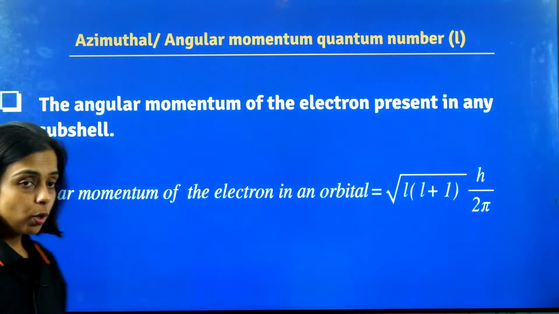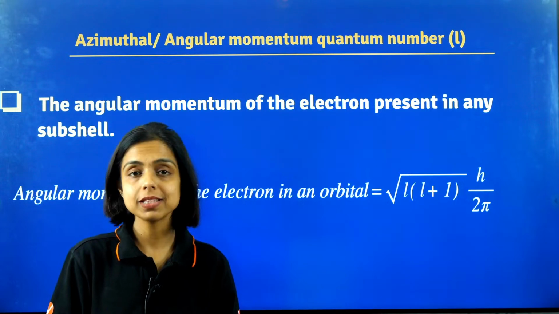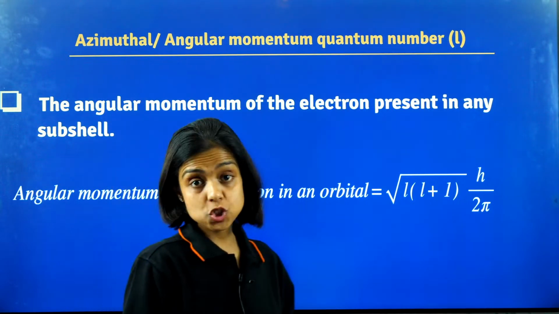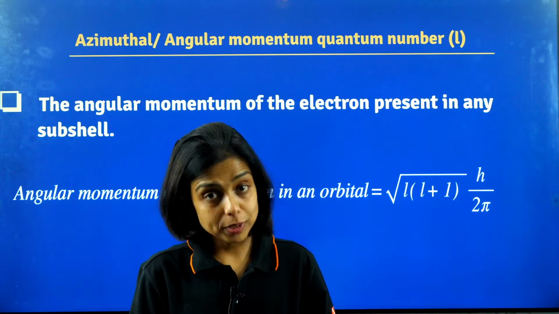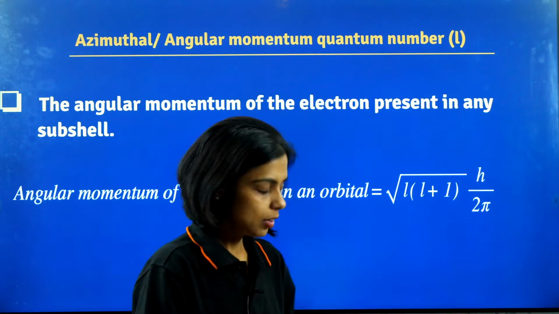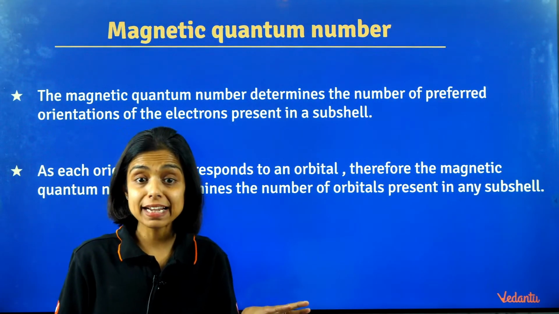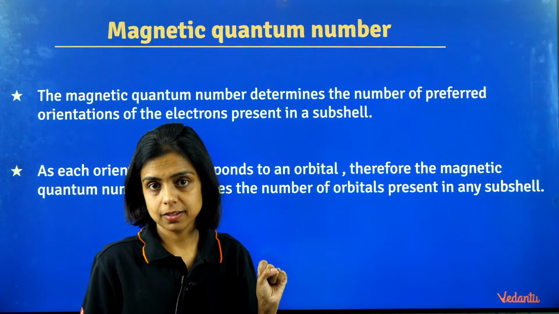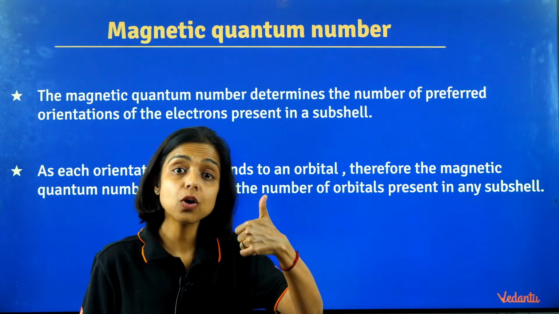Right, guys? So in an atom, we have shells, which are expressed by the principal quantum number. In each shell, we have various subshells, which are expressed by the azimuthal quantum number L. Got it? Till here, I hope it is clear. Now, each locality has various houses. If I want to locate a person, I should know the house number.